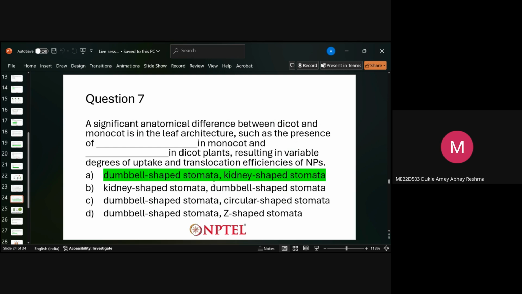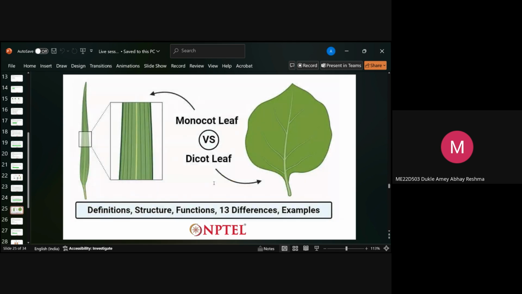So surface area to volume ratio plays a lot of role. You can see from this that because of the shape of the stomata, the resulting degrees of uptake and translocation efficiencies change. So this is how a monocot leaf looks like, and how a dicot leaf looks like. So basically, you can see from here only.